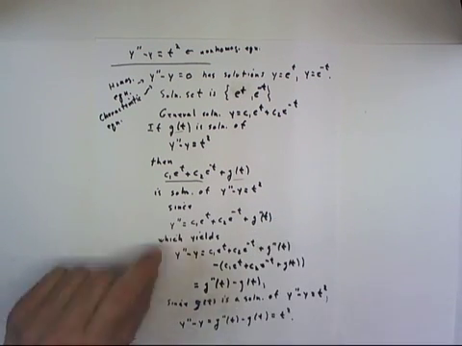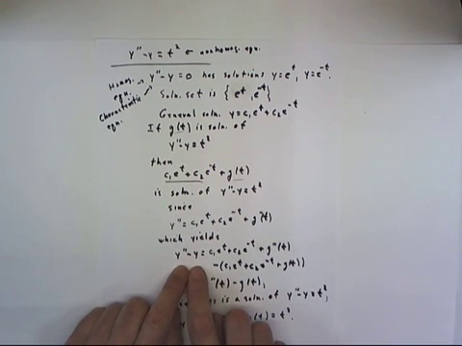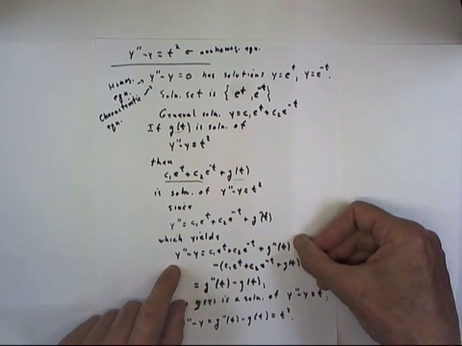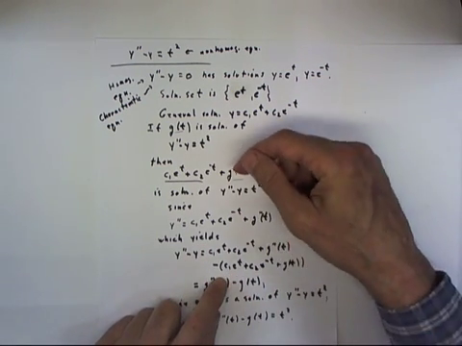Now if we plug that into the left-hand side, y double prime minus y is going to equal this plus this, your y double prime, minus all of this, which is your y function.